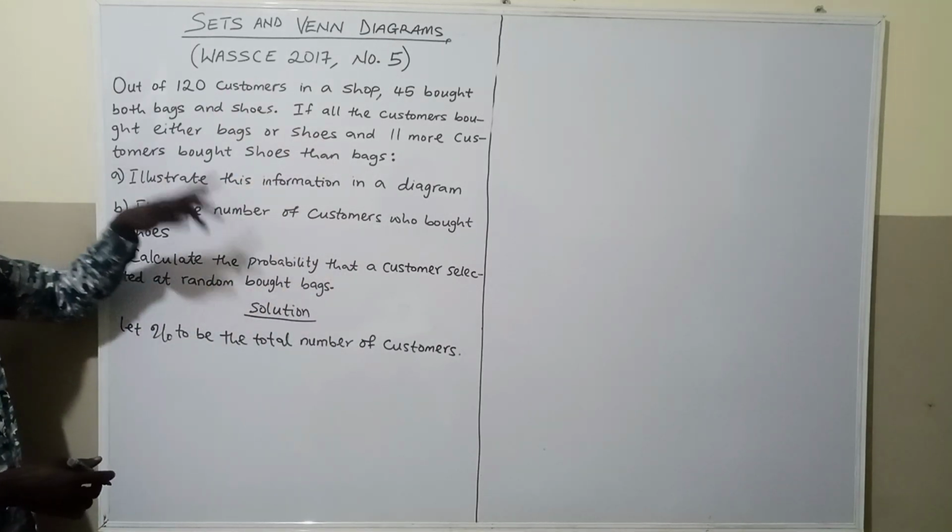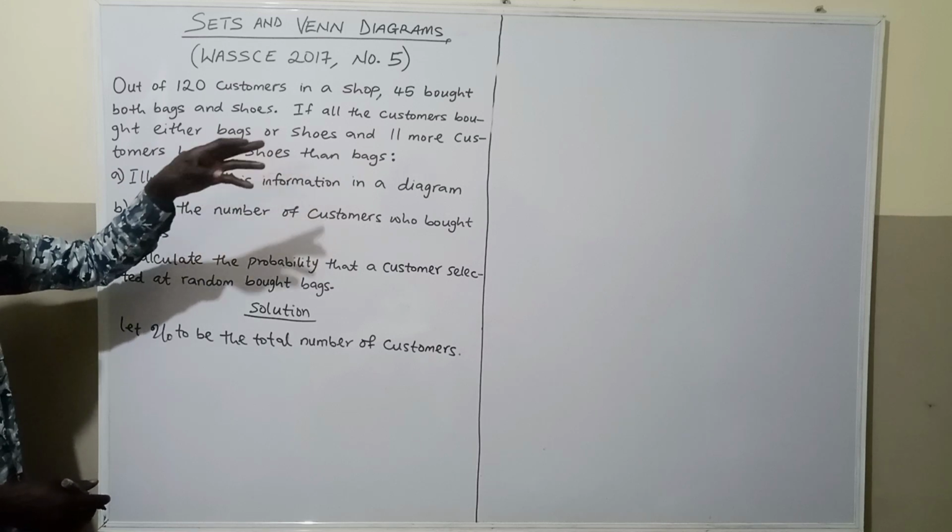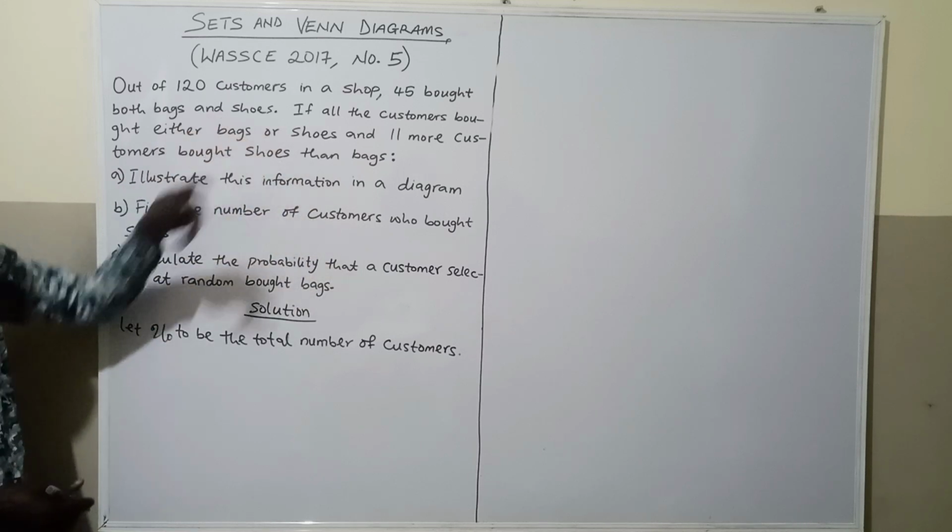Now, let those that bought bags be represented by what? B, and those that bought shoes be represented by what?